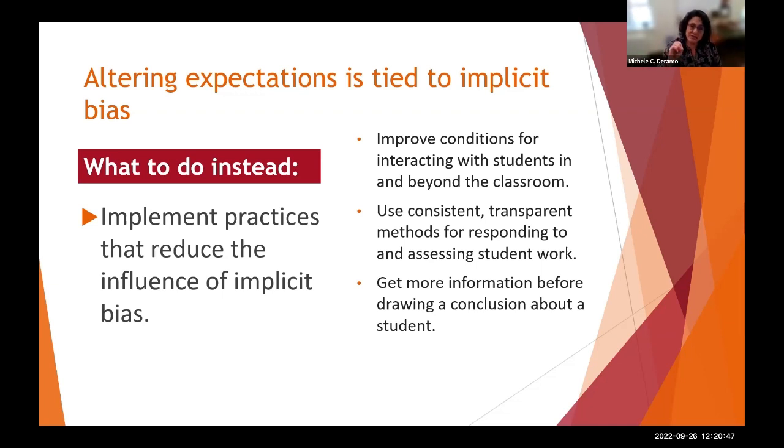But when we're stressed or we're tired or we're distracted, we take that shortcut. How can we create interactions that are distraction free, that are more thoughtful? So whenever we can improve those conditions, we are going to be less likely to be influenced by implicit bias when we interact with students.